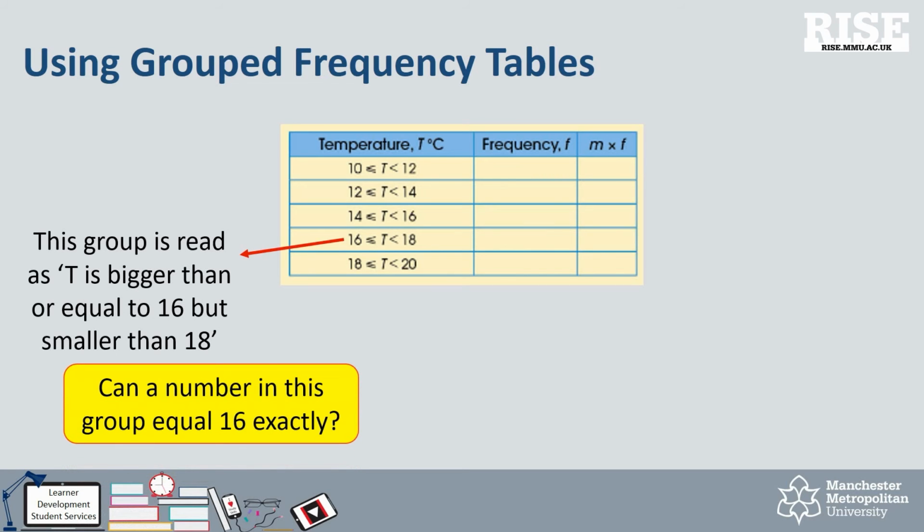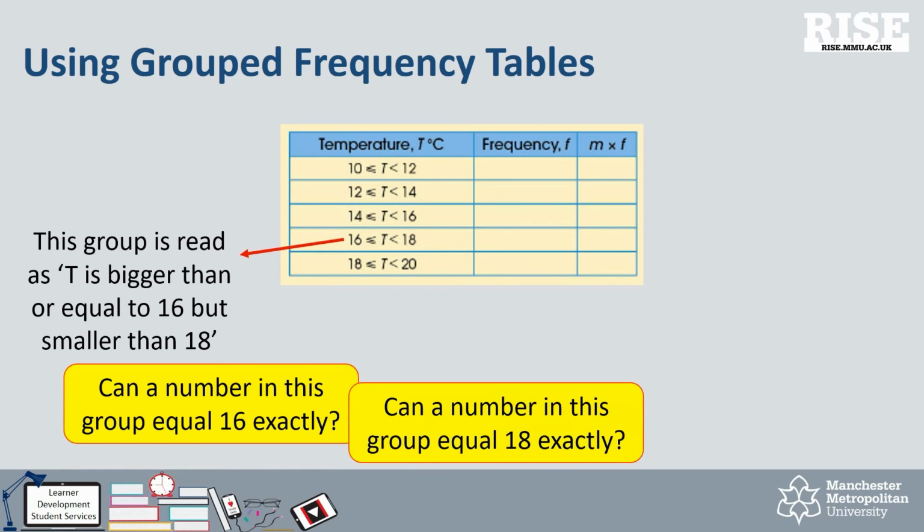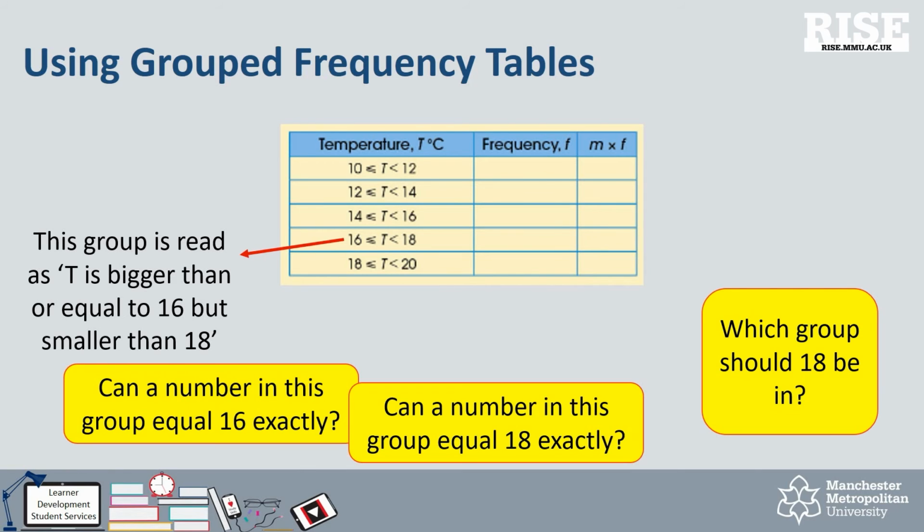So can a number in this group equal 16 exactly? Yes, it can, because we can see the lower end of the groups, it can equal it. But a number of 18 cannot fit in this group because it's anything up to, but not including 18, anything that's strictly smaller than 18. 18, in fact, would go in the next group, 18 to 20.